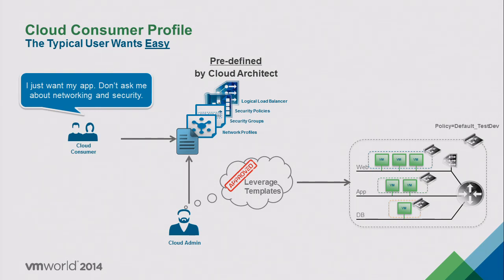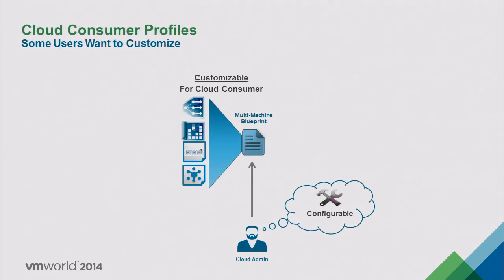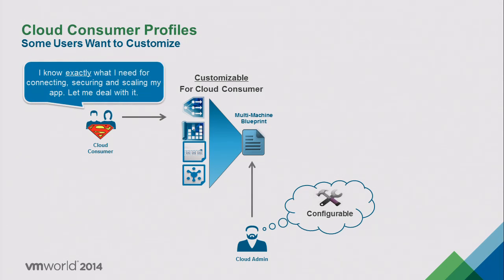They come in, consume those existing templates, and they no longer have to wait for network and security and handoff between multiple teams before they can get their application. We also have the power user, though, and this is the user who knows everything about their application. They know how it should be connected and how it should be secured. And in their case, they still want on-demand applications.